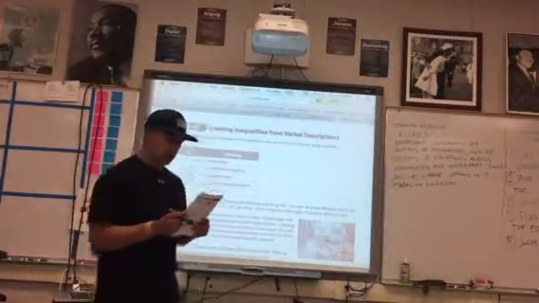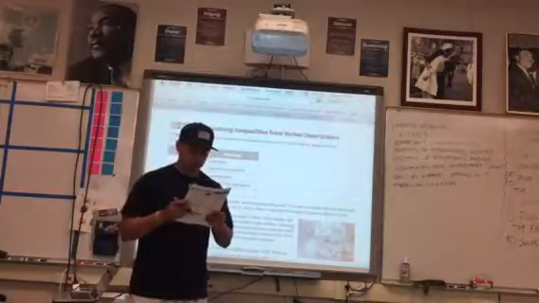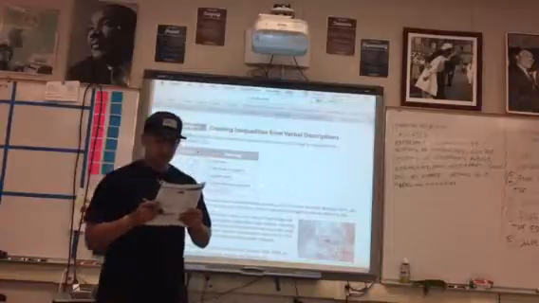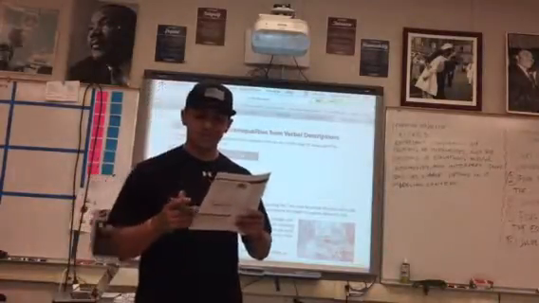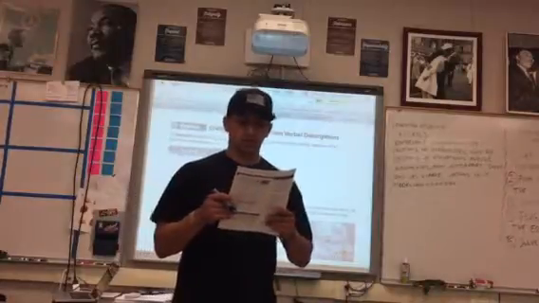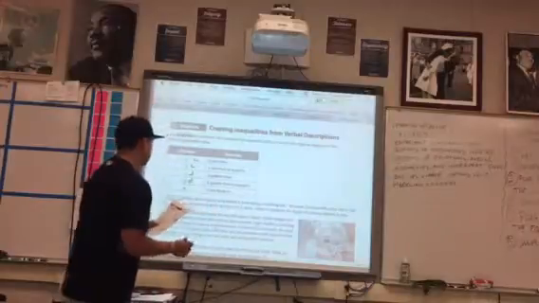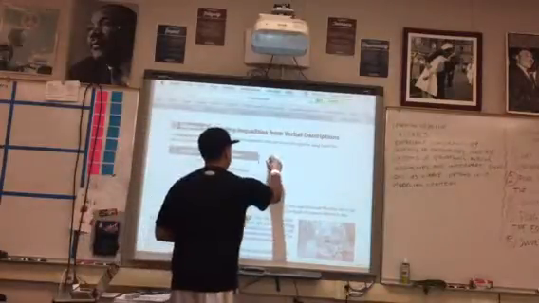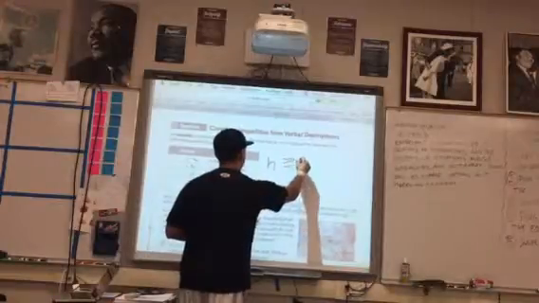Okay, so let's get into how we're going to be creating and solving these inequalities. You've probably seen a sign at an amusement park saying something like, you must be at least 48 inches tall to ride this ride. This statement can be written as H is greater than or equal to 48 inches.